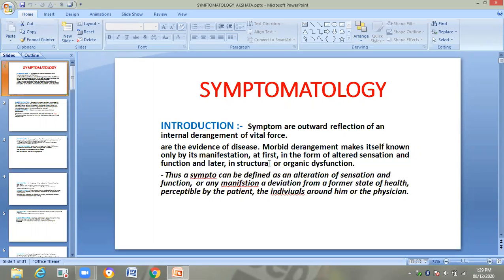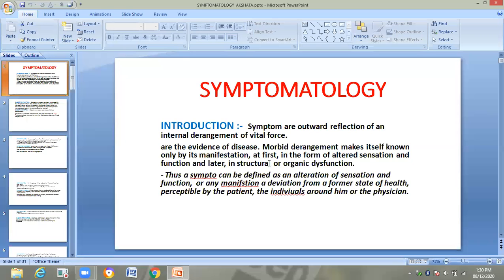So first when the vital force gets disturbed, the patient feels an alteration in the sensation as well as its function, and later in structural and organic dysfunction. Afterwards it is reflected outwardly at the structural as well as at the organic level by its dysfunction.